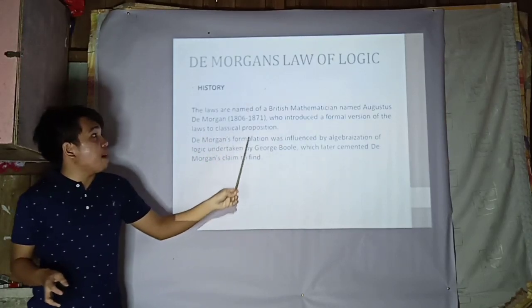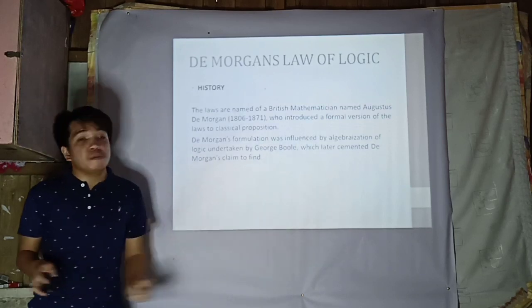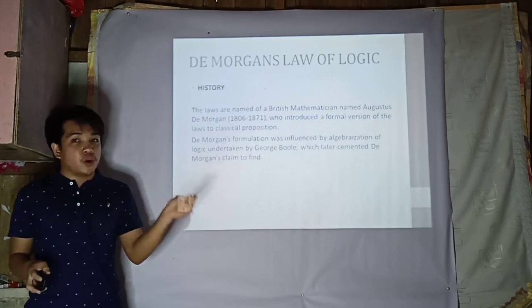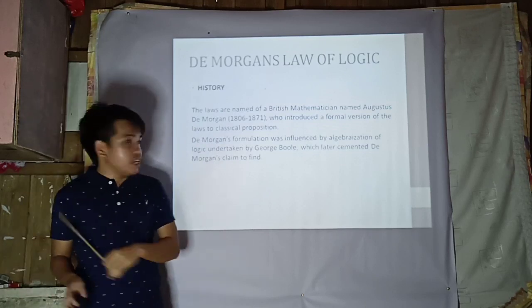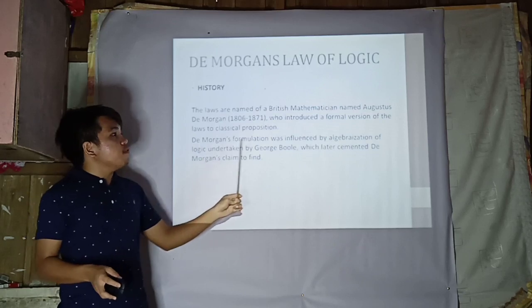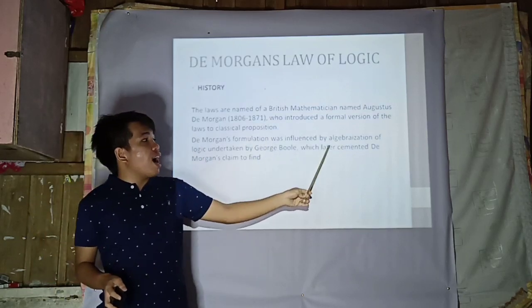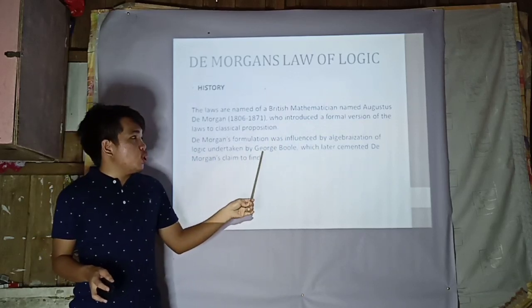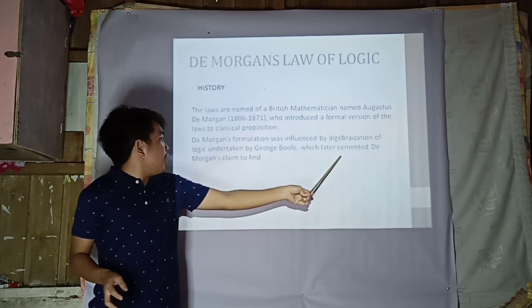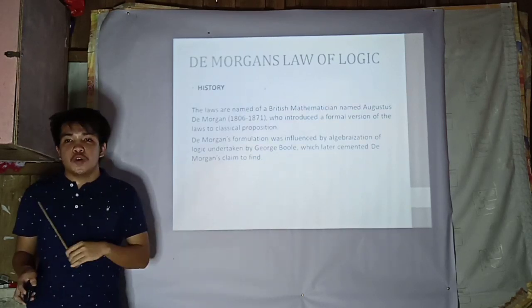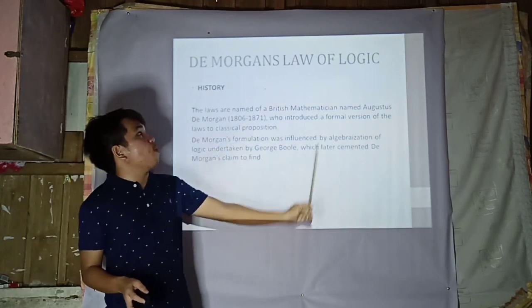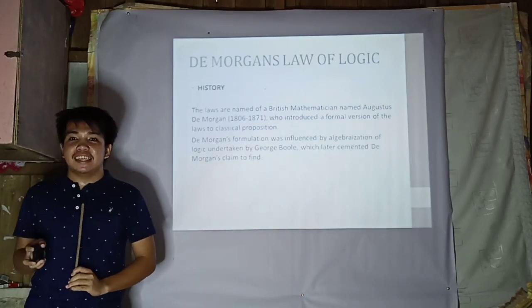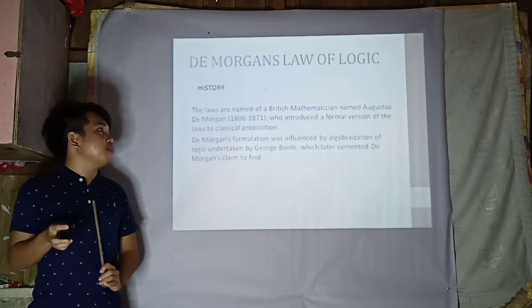De Morgan's formulation was influenced by the algebraization of logic undertaken by George Boole, which later cemented De Morgan's claim to it. So that is the history of De Morgan's Law of Logic. Did you understand? Okay, very good.